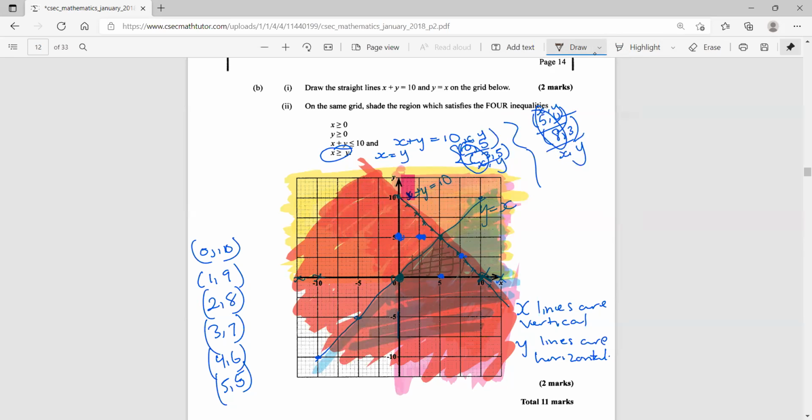Then we had X plus Y is less than 10, so we came down from this line. And then we had X greater than Y, and it was down on this side. So only in this small triangle were all the 4 regions. That's our answer there.